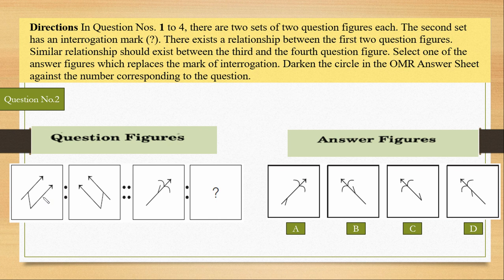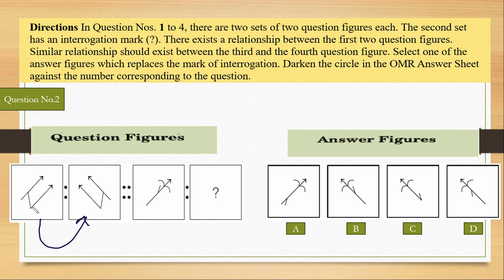Here in question number 2, let us find out the analogy between these two figures. What is the relation that exists, that we have to identify, and the same relation we have to apply to the second set. Here this direction changes to the opposite diagonal, right? In which case does this exist? As you see in a mirror image, right?